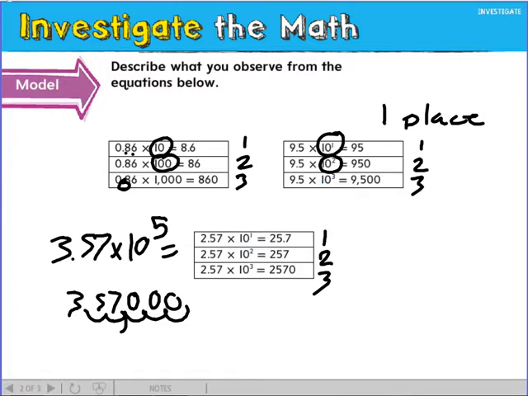It tells you how many zeros fall after the 1. If it's to the first power, there's only 1 zero that falls after the 1. If it's to the 5th power, how many zeros fall after the 1? How many? 5. And that would be, what number would that be? 10 to the 5th power. Sammy? 100,000.